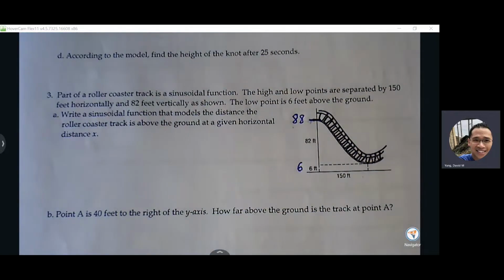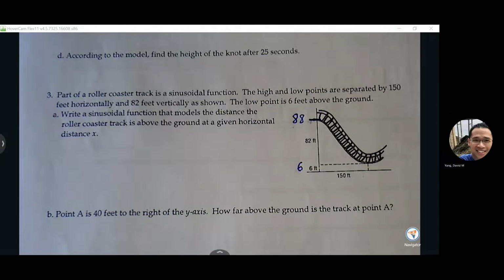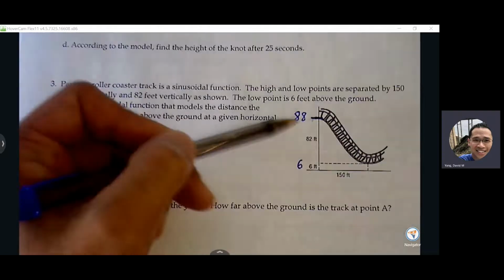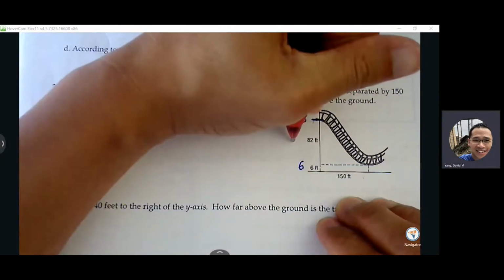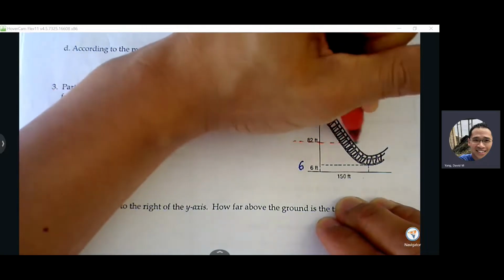Now, can I also find my midline? It's the average of those two numbers, right? So add the two numbers and divide by 2. What's your midline going to be? 47. Yeah, so 88 plus 6 is 94, and 94 divided by 2 is 47. Okay, so just to give me some visual perspective here.